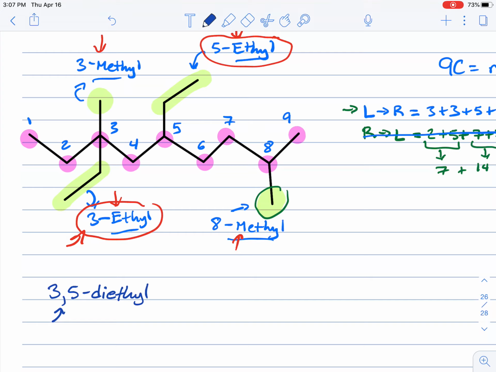And so now that I'm done with my diethyl, I'm going to describe my methyls. And so here in this case, it's going to be 3, 8 dash dimethyl.